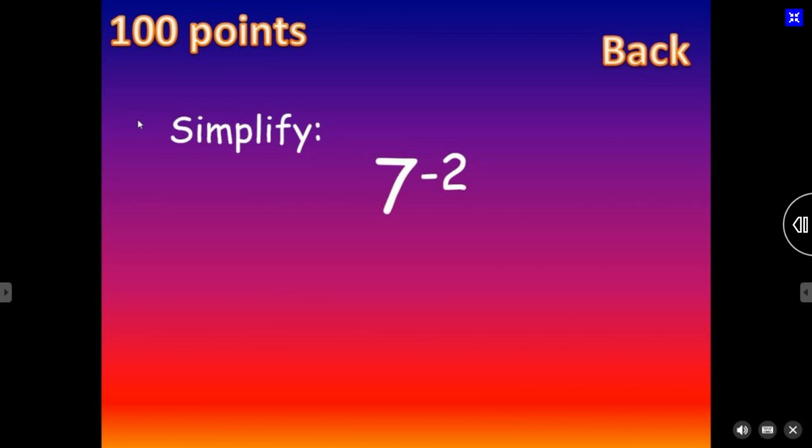Everybody, at number 4. Negative exponent tells me to do what? Flip it. So 1 over 49 or 1 over 7 to the second power. I will take either way.